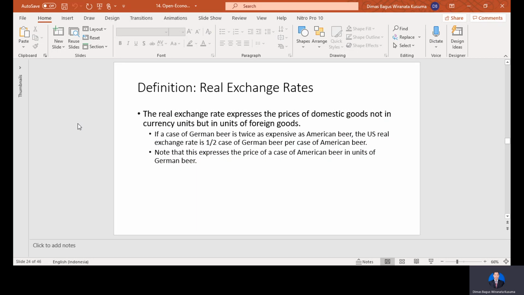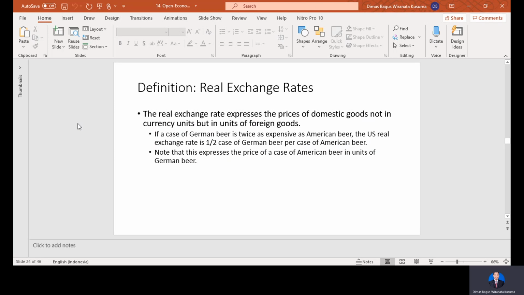So the real exchange rate expresses the prices of domestic goods not in currency units, but in units of foreign goods. In the case where German beer is twice as expensive as American beer, the US real exchange rate is 1.5 cases of German beer per case of American beer.